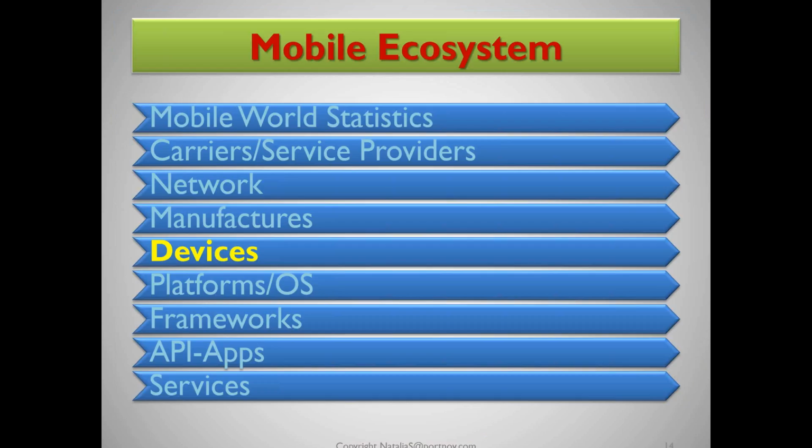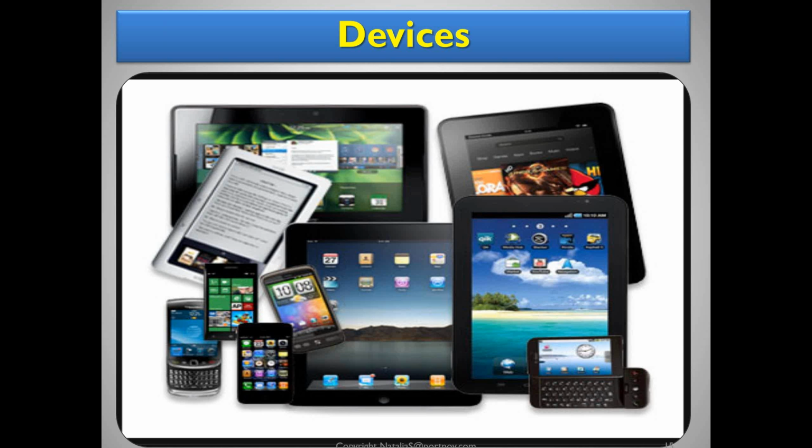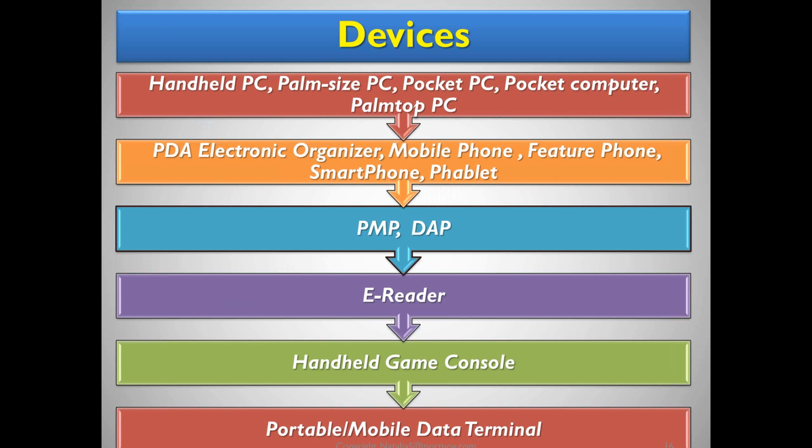So let's move to the devices, and we are getting really close to the actual testing itself, because the devices that we have right now, there are so many of them. Mobile devices are small computing devices, typically small enough to be handheld.